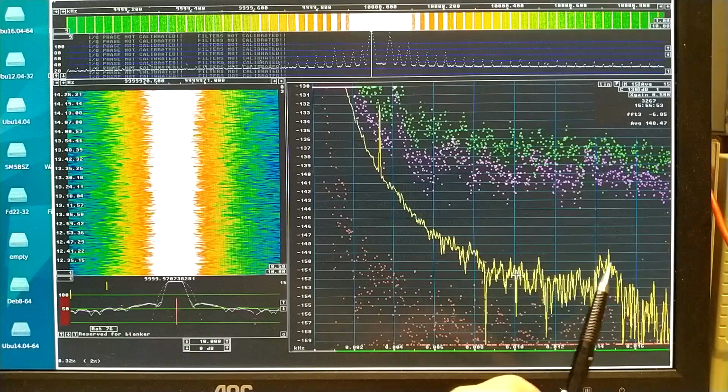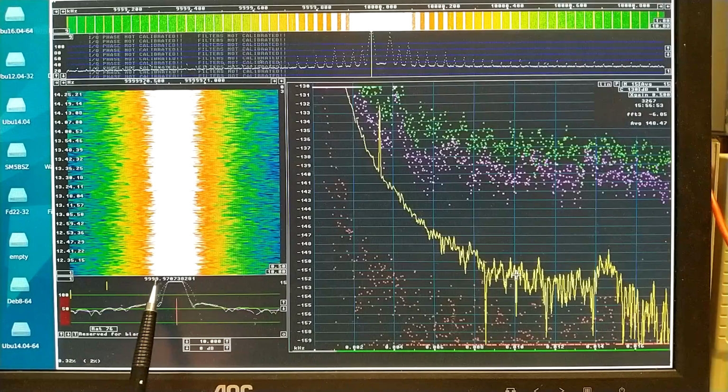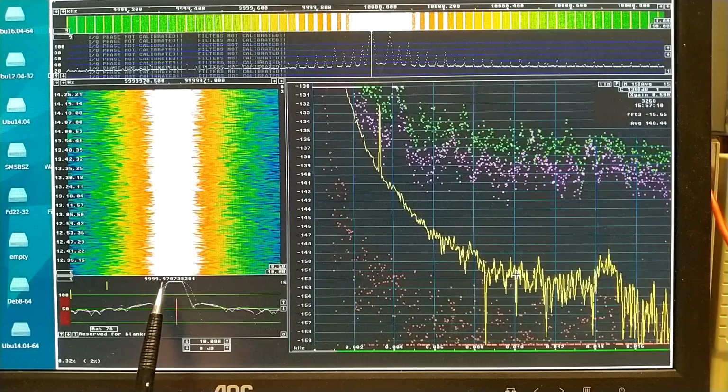I don't quite understand how it happens, but I can see here the frequency is 9,999 kilohertz, 0.920738 hertz.